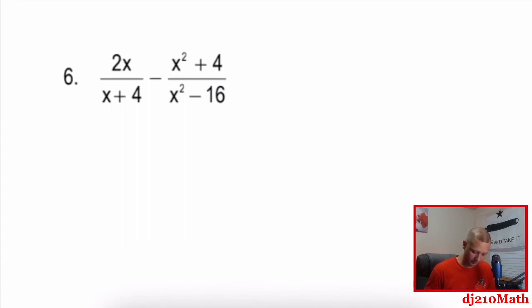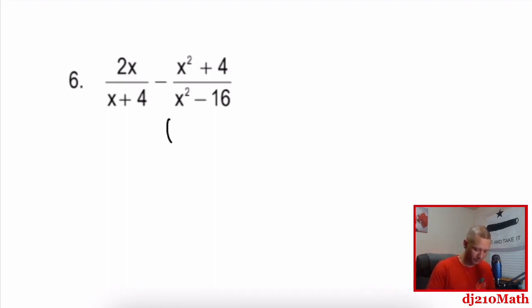All right, number 6. So, simplifying. 2x can't do anything. X plus 4 can't do anything. X squared plus 4 still can't do anything. X squared minus 16 is a difference of squares. So, x plus 4, x minus 4.